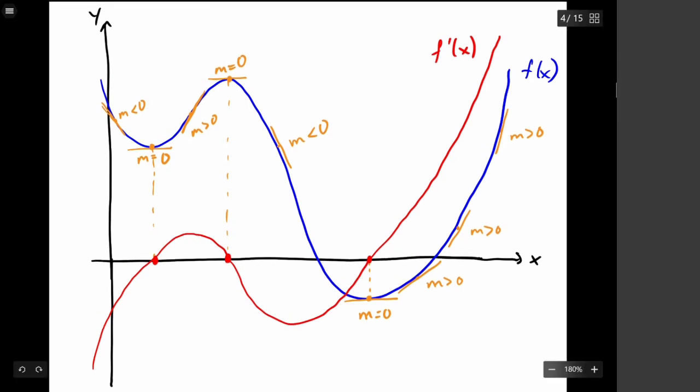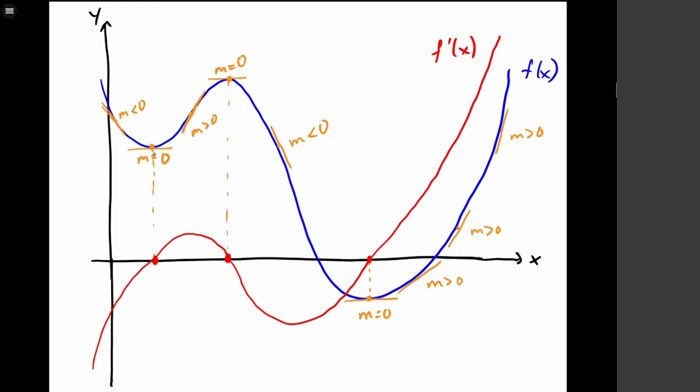Something I really want to emphasize here is how these two graphs relate to each other. Wherever the function is moving downward, the derivative should be negative because the slope is negative. Wherever the function is moving upward, wherever the slope is positive, the derivative should be positive.